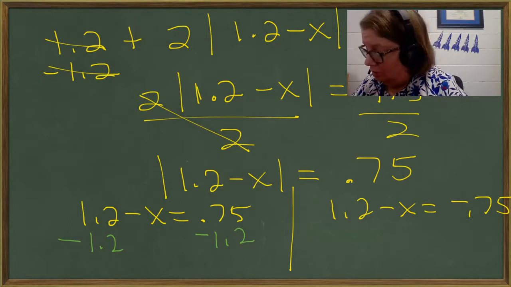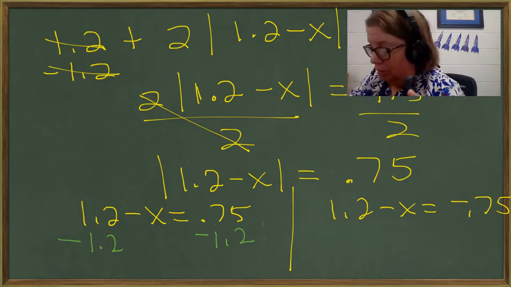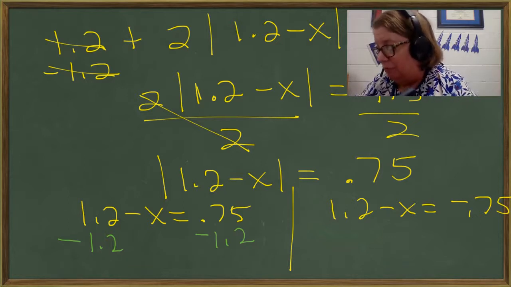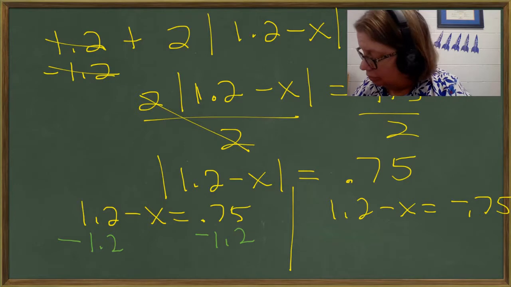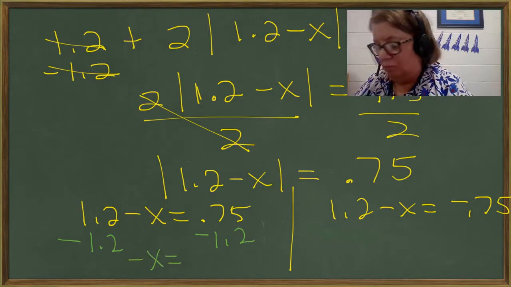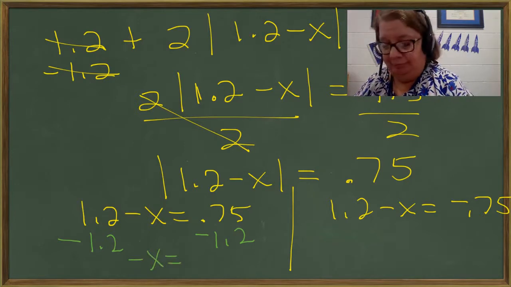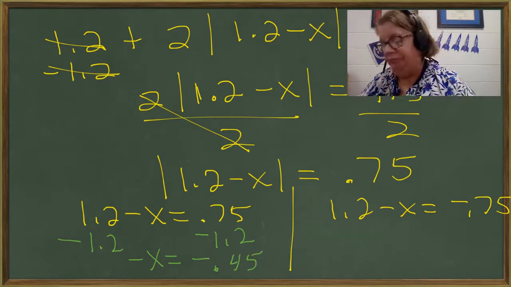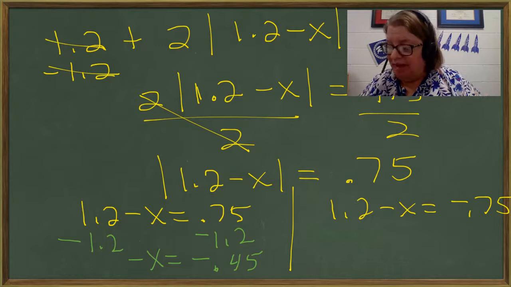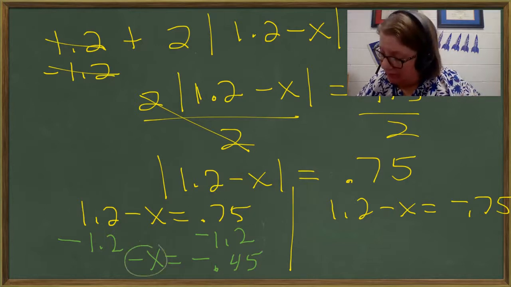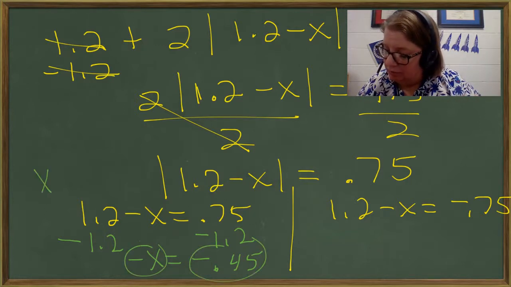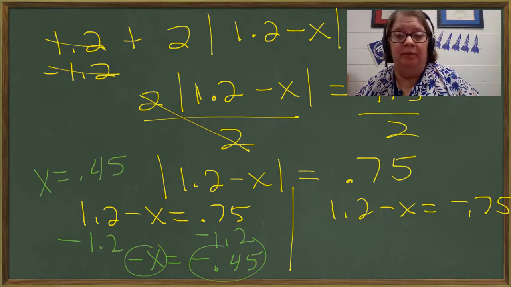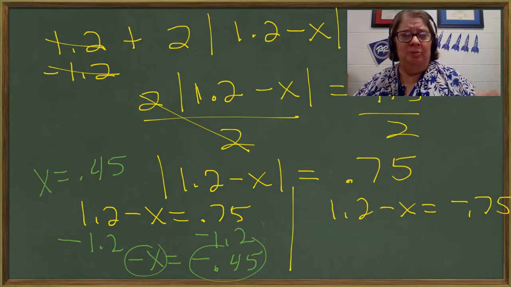Hey Siri, what is 0.75 minus 1.2? 0.75 minus 1.2 is negative 0.45. Now, if negative x is negative 0.45, we divide to get rid of that negative. So one spot the friend could be on the trail is 0.45 miles.